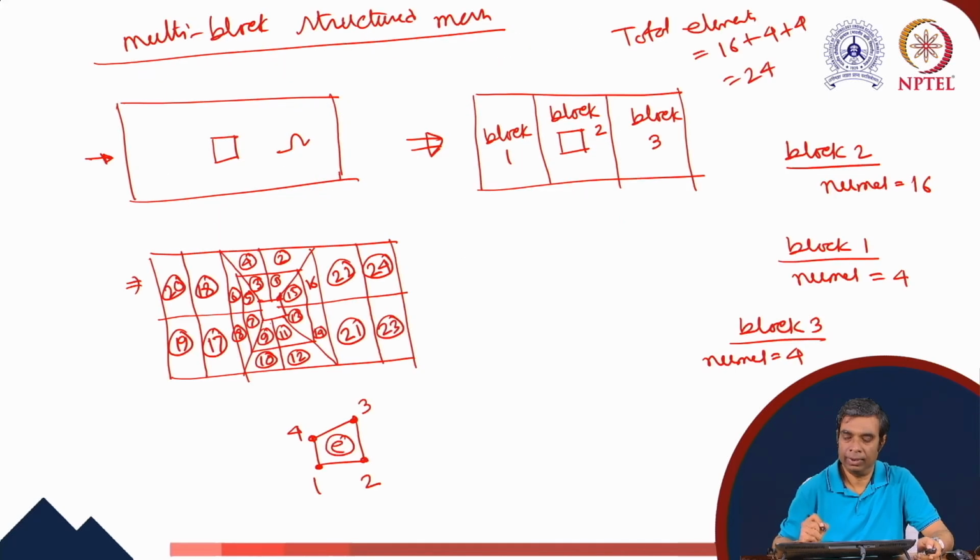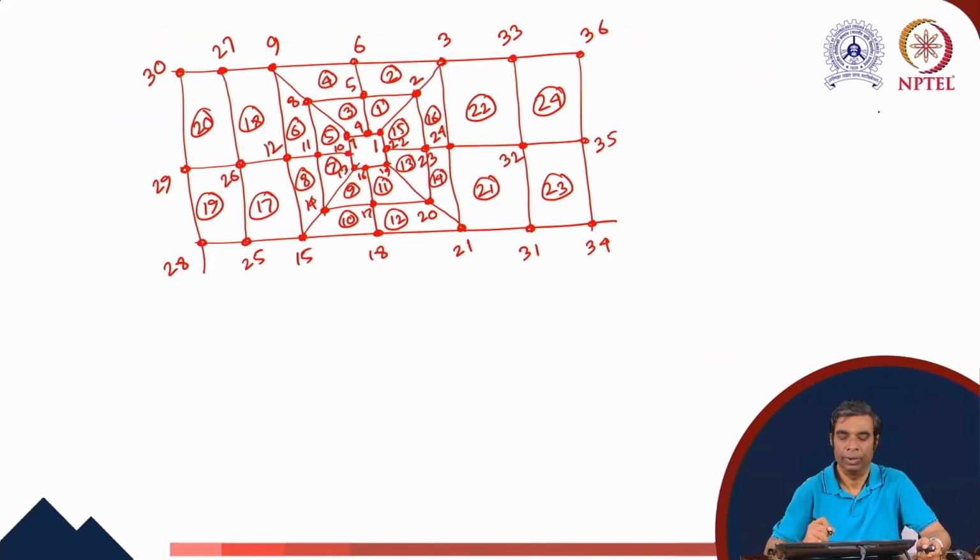So that I mentioned in the previous page that total nodes equal 36. Now we can calculate the coordinates. We have the IN array for each and every block.